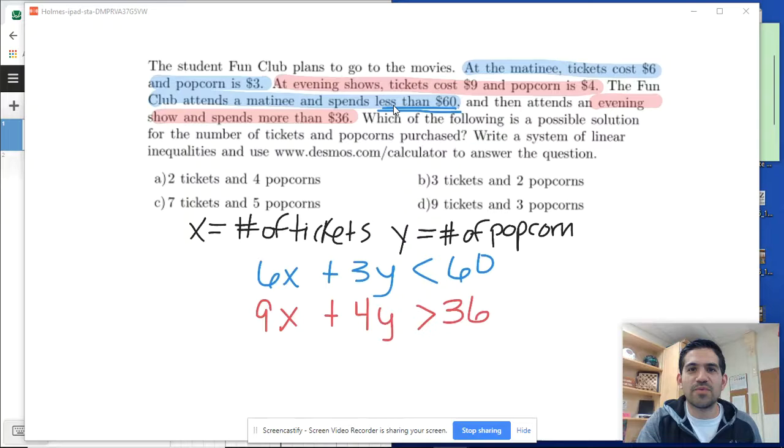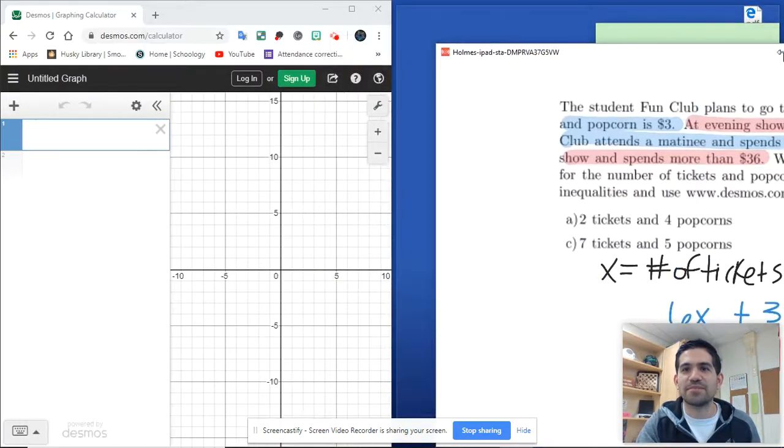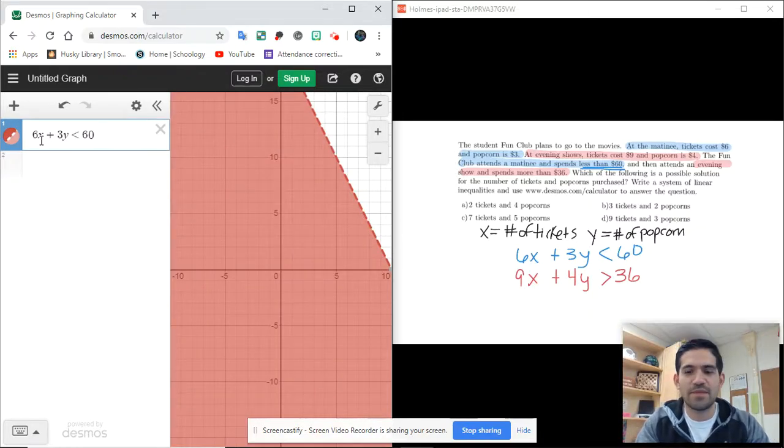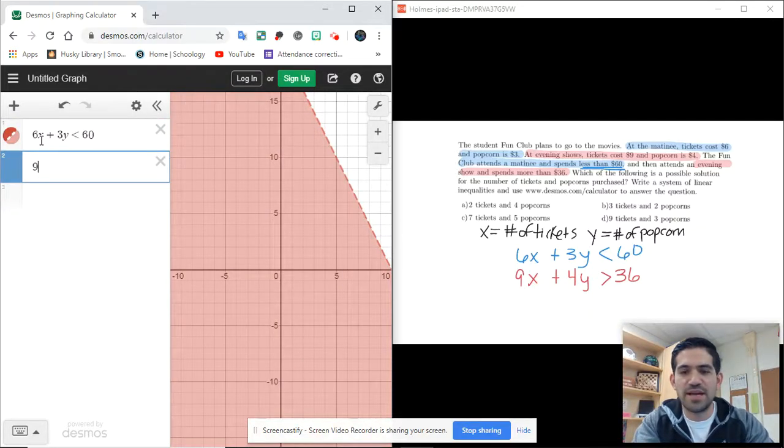Let me show you real quick with Desmos how that's going to work. Here on Desmos, I'm going to type in the inequality 6x plus 3y less than 60. And then my next inequality is 9x plus 4y greater than 36.